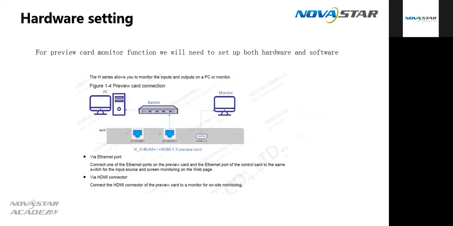Preview card setting includes hardware setting and software setting. Firstly, we are going to finish the hardware setting. For each series card, there is a preview card for you to monitor the inputs and outputs on a computer or PC.